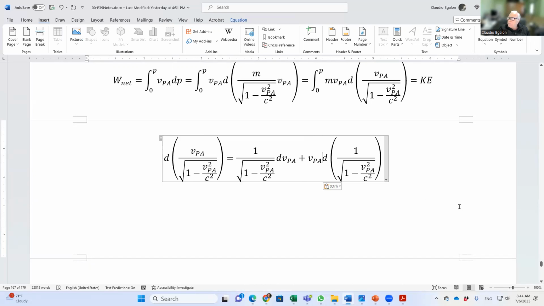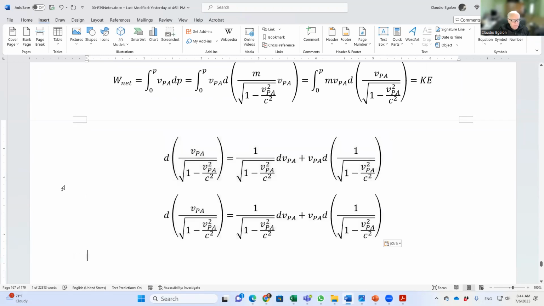Chain rule, right? And we're going to go for the next step. Right now, we have to solve this term right here. We've got to get the differential of this term. And this term is nothing but what?